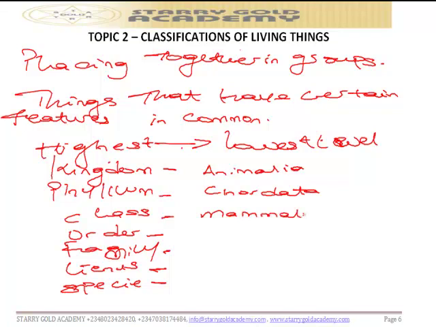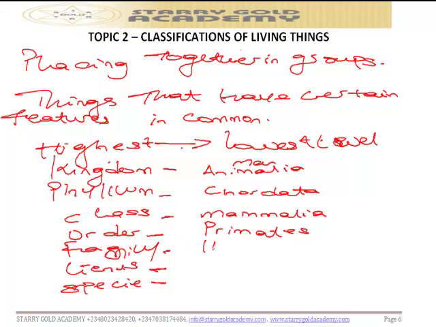Mammals are animals that are able to give birth to their young ones alive. They tend to breastfeed them and also have some other characteristics. The order of man is Primates. That is, they have forward facing face. They are able to stand erect, and so on and so forth.